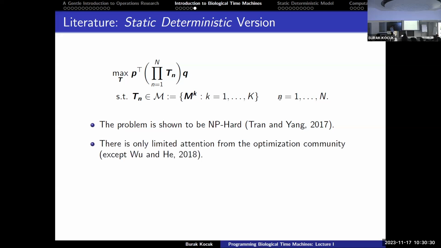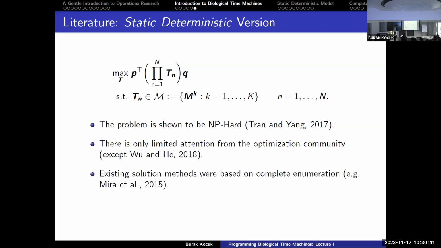So some people from optimization looked at this problem, not this very particular version, but a mathematically similar problem. I think the first attempt to solve it was from Mira and her co-authors from 2015. I will talk about it later on.